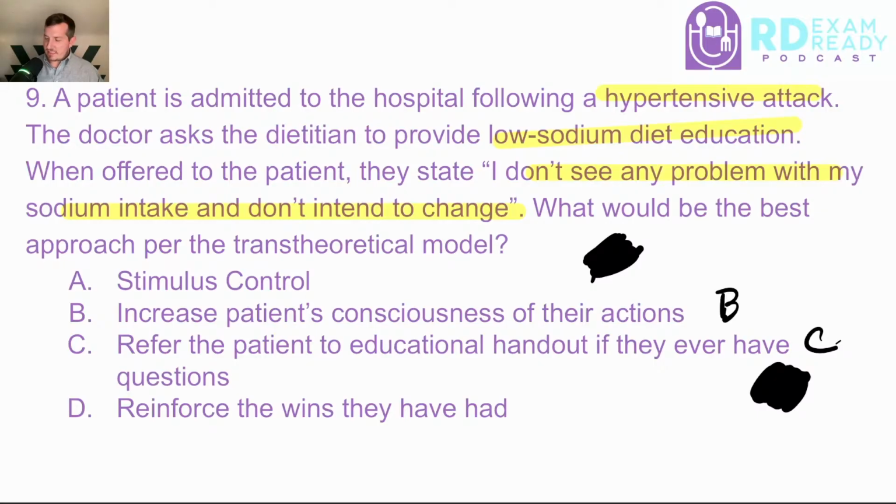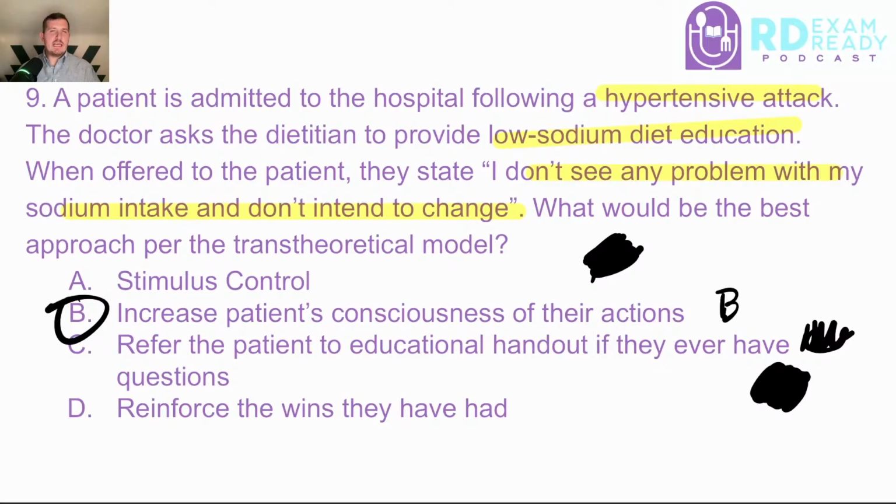And while C could be a possibility, what B is going to do is say, hey, he is not aware of the problem. He's not aware of even how his actions may influence others. So what B allows you to do is almost confront them a little bit: hey, you came to the hospital for a hypertensive attack. Don't you think your sodium intake might have contributed to that?